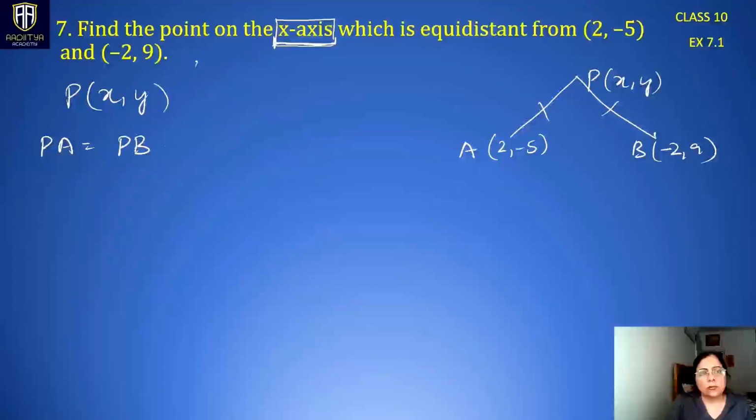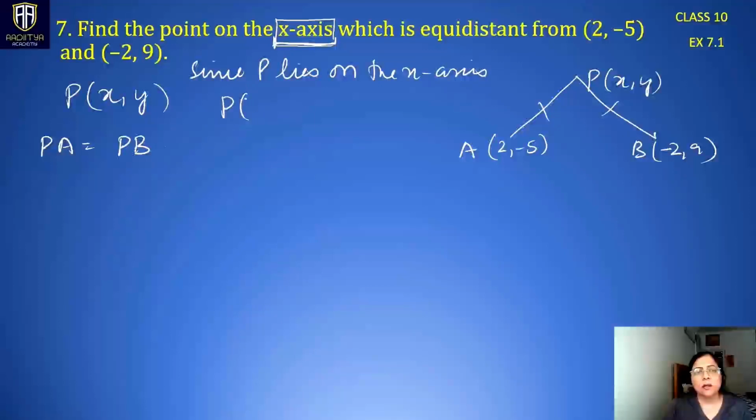Since P lies on the x-axis, therefore P will be a point of the form a comma 0, where a is the x coordinate of that point.